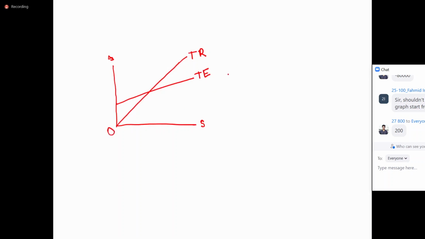What will be the changes? What do you think?